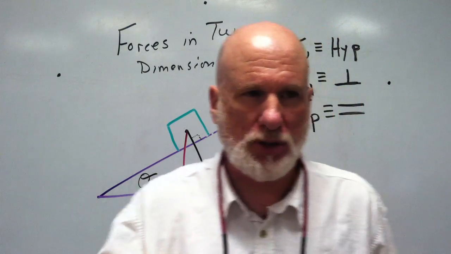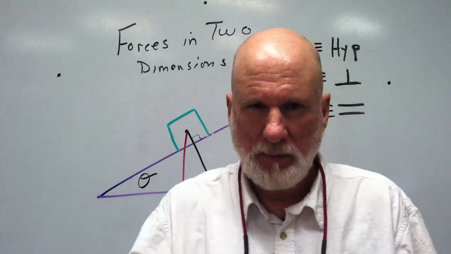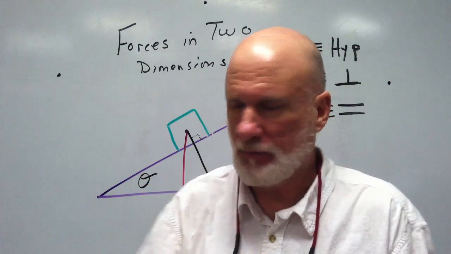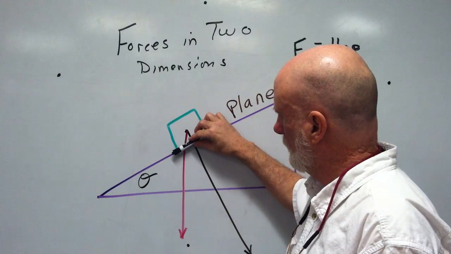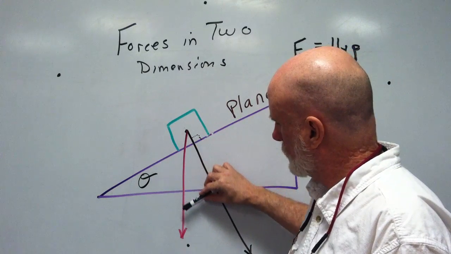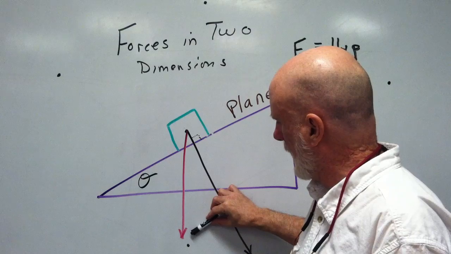The next one I'm going to draw is going to be parallel with the plane. Parallel. Here's the plane. That's parallel. So I'm going to go down to here. Okay?